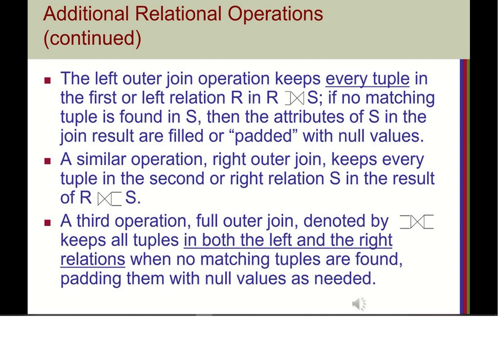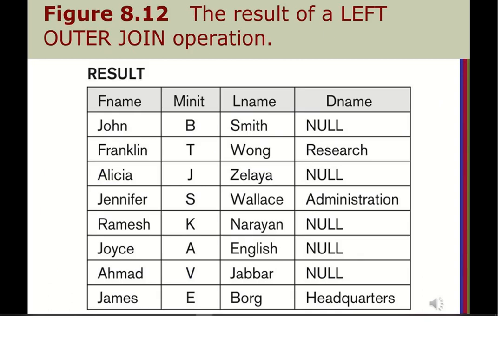A similar operation, right outer join, keeps every tuple in the second or right relation S in the result of R right outer join S. A third operation, full outer join, denoted by the symbol shown in the slide, keeps all tuples in both the left and the right relations when no matching tuples are found, padding them with null values as needed. Figure 8.12 is the result of a left outer join operation.